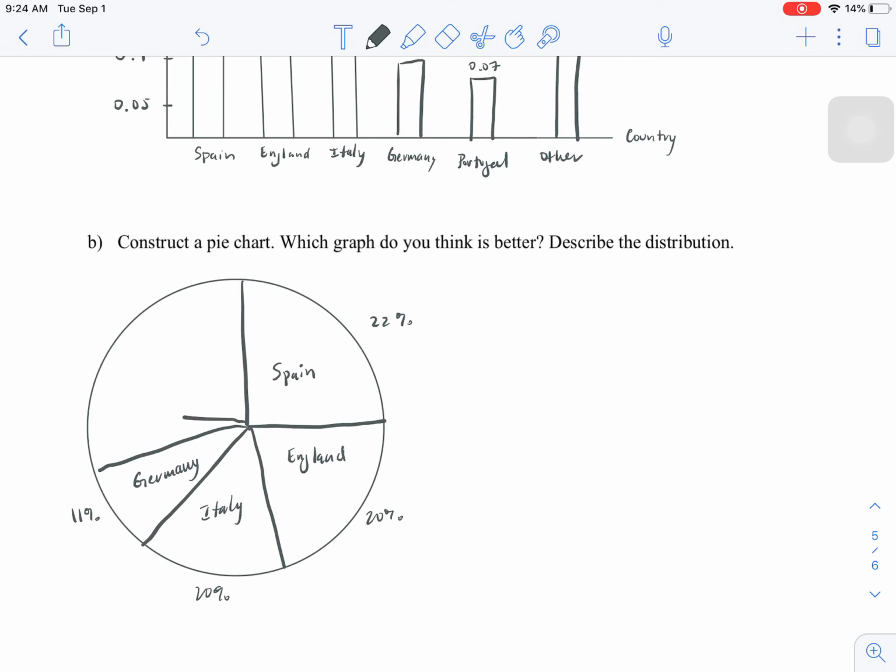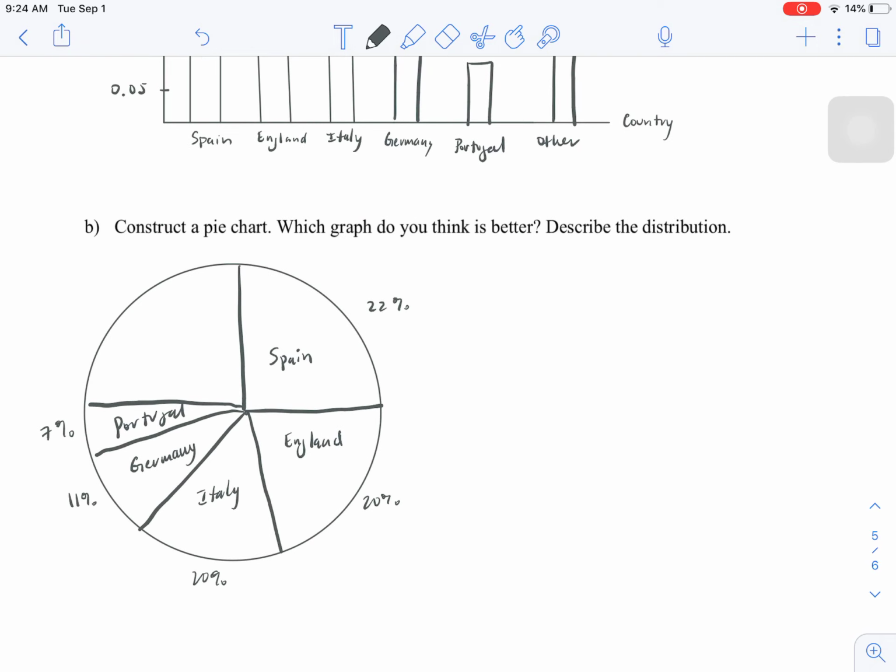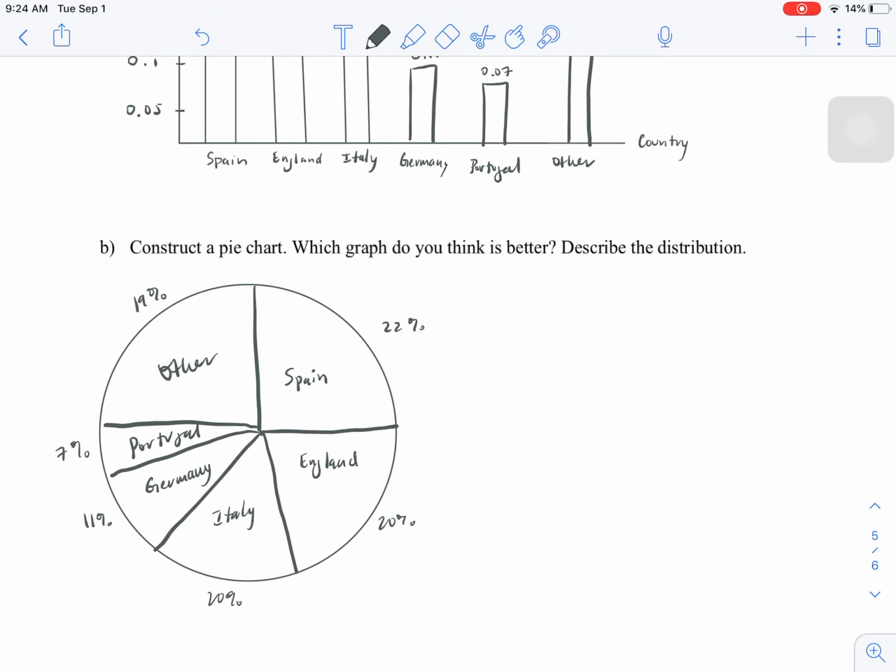Portugal, 7% of the time, a little smaller. And then other, just about 19%. And there I have my pie chart.